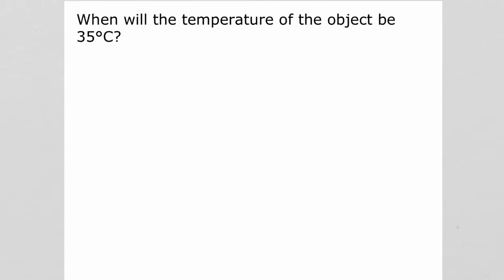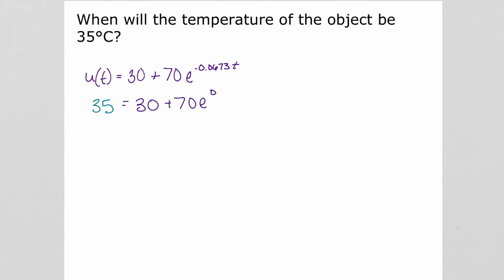And then lastly, it asks us, when will the temperature of the object be 35 degrees Celsius? So we want the temperature to end up 35 degrees, and we need to find t.